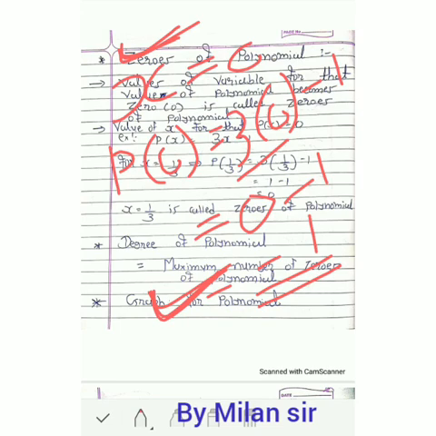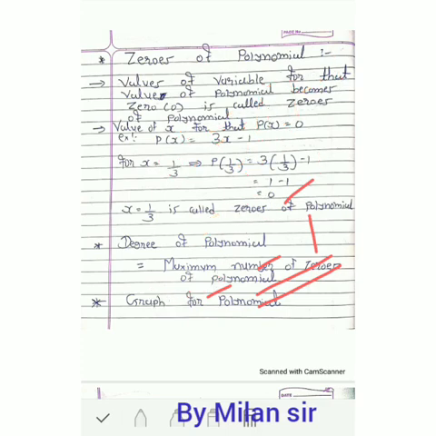It is called the value of the polynomial for x is equal to 0. It is not a zero of the polynomial. Okay. So what is a zero of a polynomial? Again I am saying that the value of x, that means the value of the variable, for which the polynomial becomes 0, is called a zero of the polynomial.